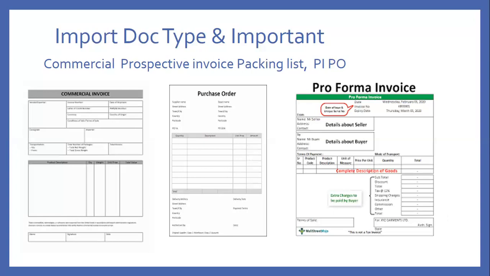We are just understanding the importance of the packing list. The packing list is just like a commercial invoice, and we have to prepare this packing list along with the commercial invoice. Both documents are prepared at the same time.